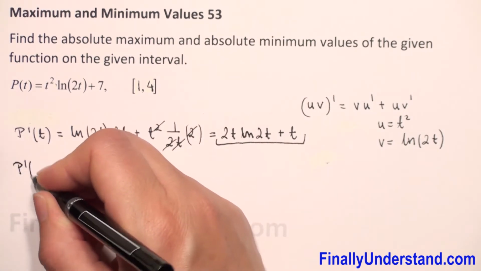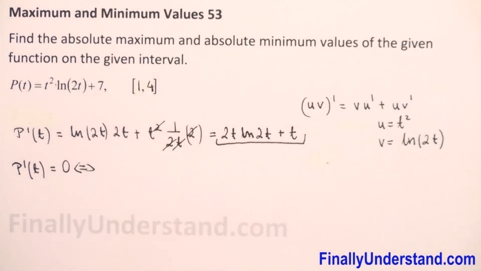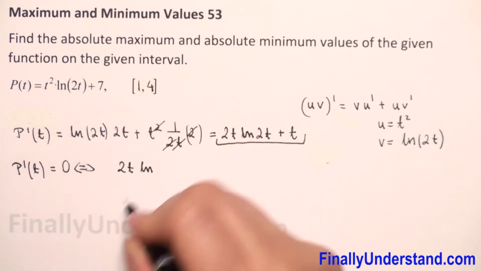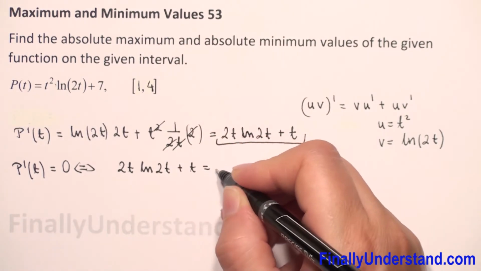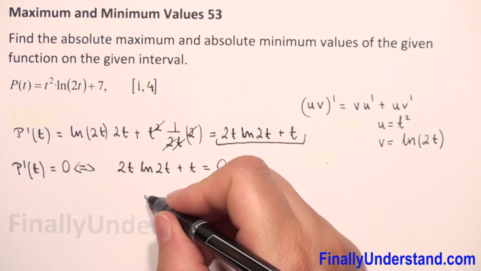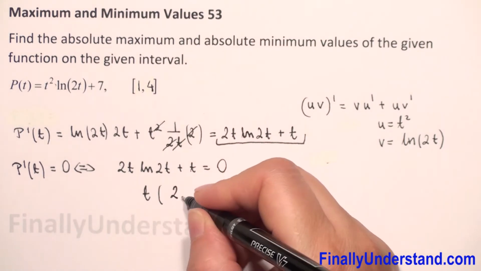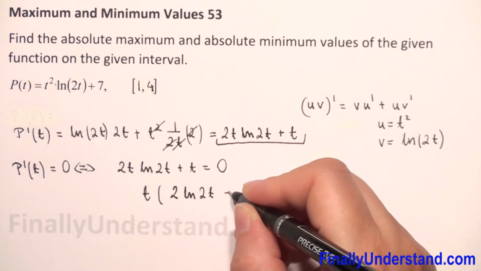P prime of t is equal to 0 if and only if we have 2t natural log of 2t plus t equal to 0. We can factor out t, so it will be t times, in parentheses, 2 natural log of 2t plus 1.